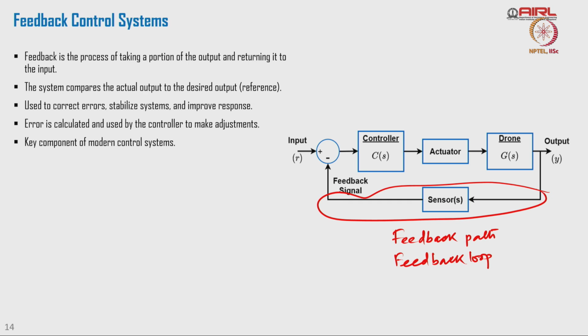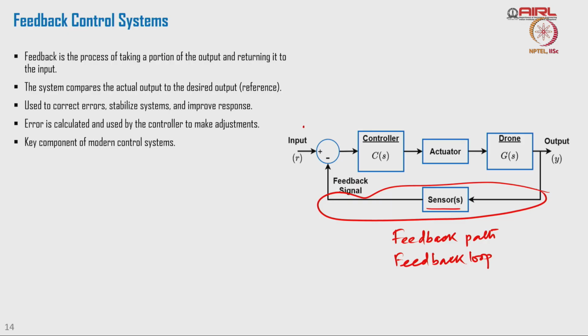It is taking a portion of the output and returning it to the input. We do not know how many sensors there are in a particular system, so we put all sensors as one box. There can be multiple sensors. This takes the output and gives it back to the input.